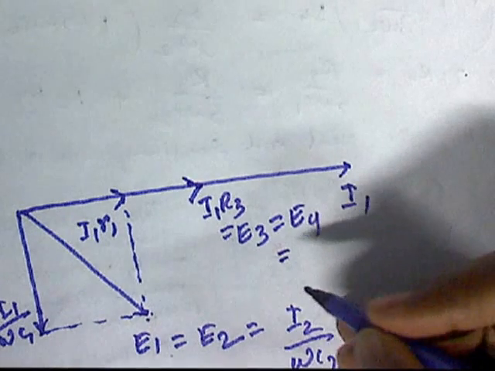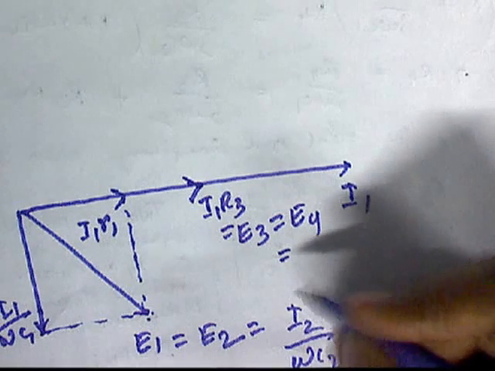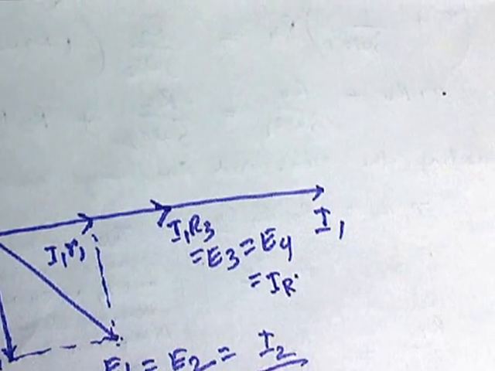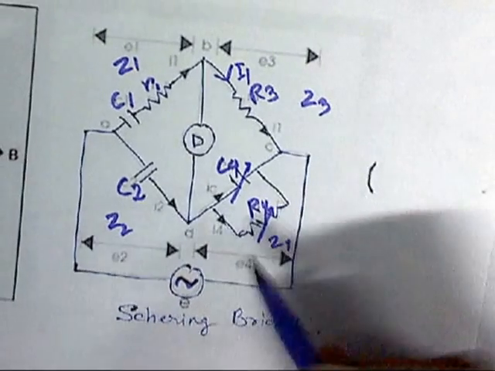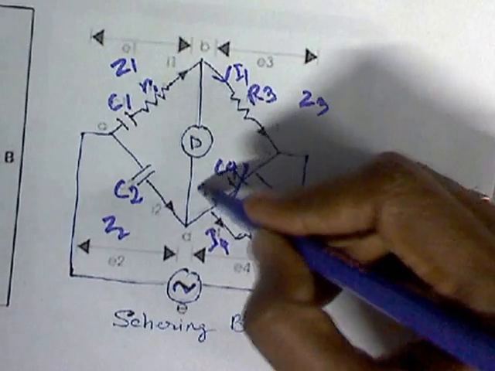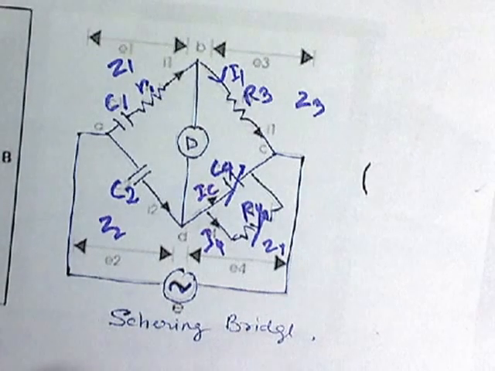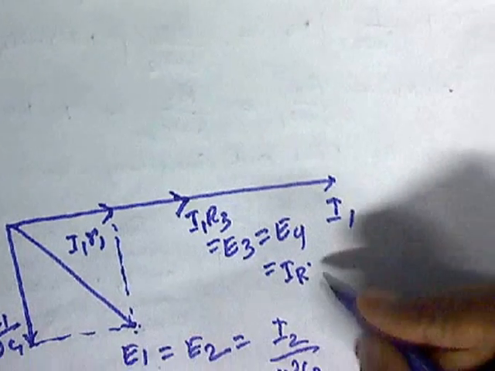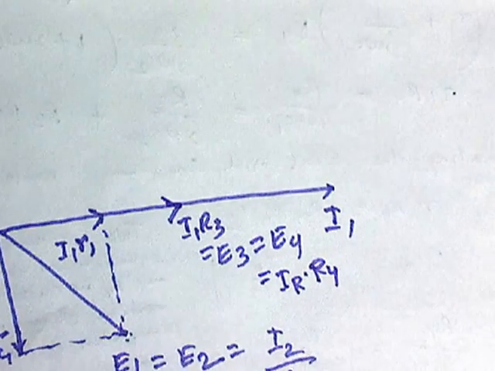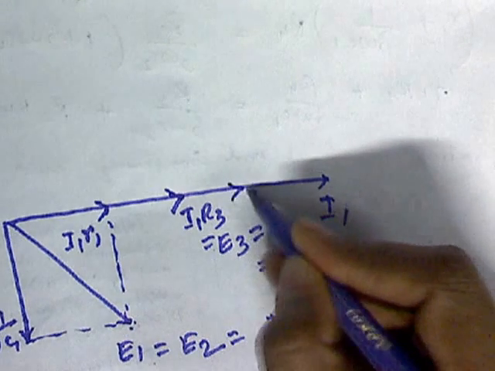This is equal to IR into R4. This current is IR, this current is IC. So naturally IR will be in this direction.